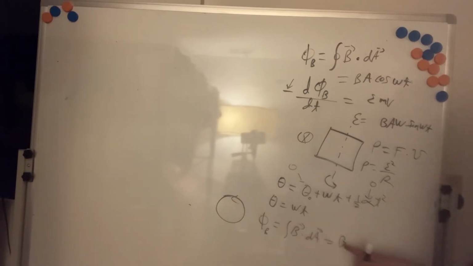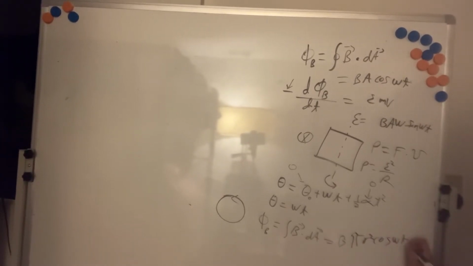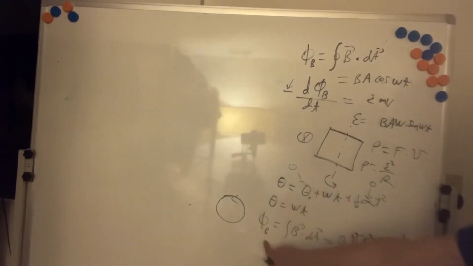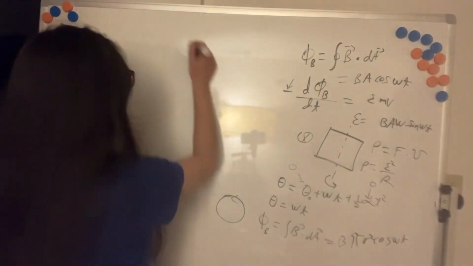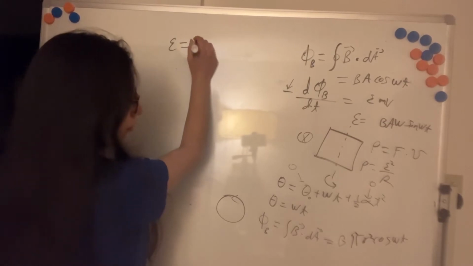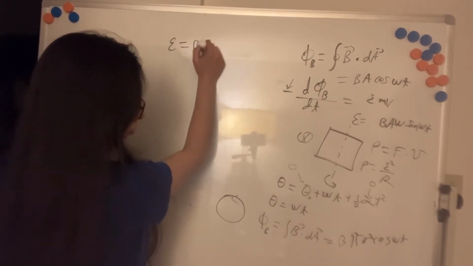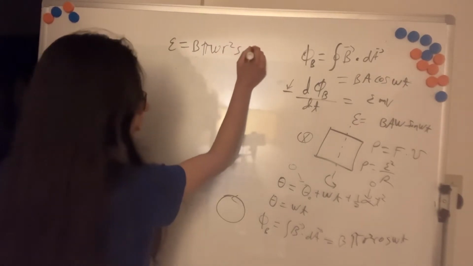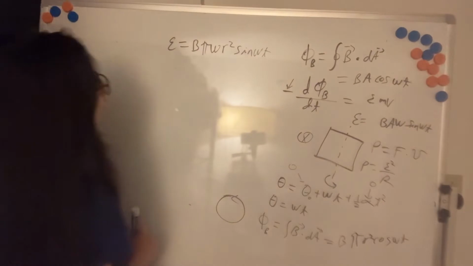So magnetic field times the area of this, pi r squared, times the cosine of theta or cosine omega t. Then the change in the magnetic flux with respect to time, this would be the electromotive force, would be B omega pi r squared sine omega t.